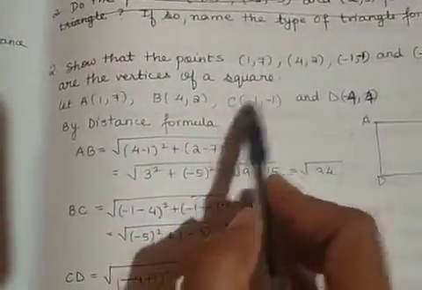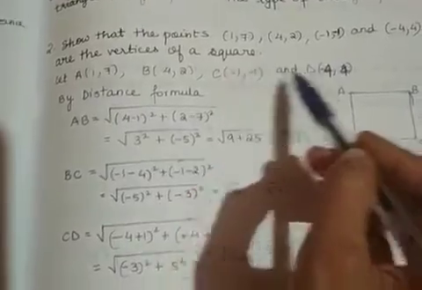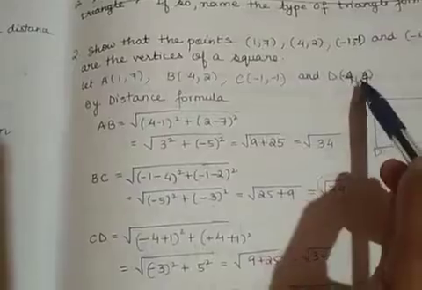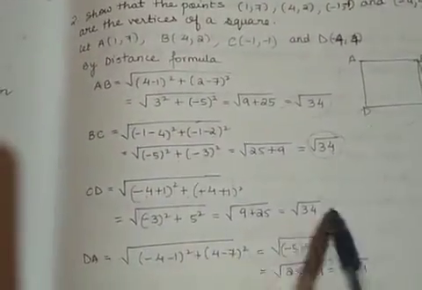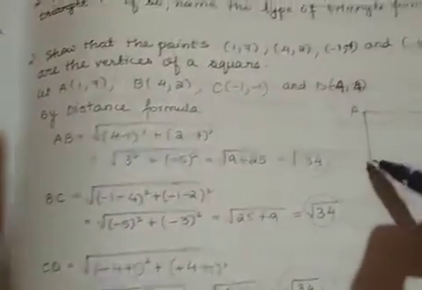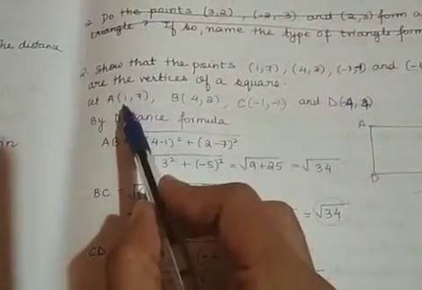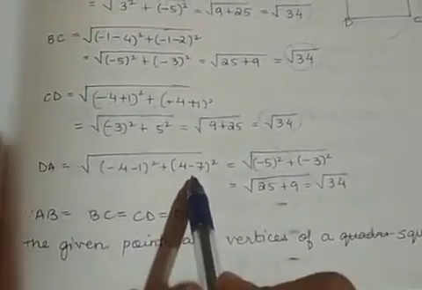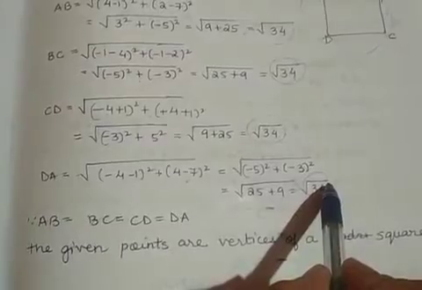So you have C and D. Minus 4 minus of minus 1 becomes plus, so (minus 4 plus 1) the whole square plus (4 minus minus 1, which is 4 plus 1) the whole square. On solving, I get this equal to square root of 34. What about the side DA? DA will be (minus 4 minus 1) the whole square, then (4 minus 7) the whole square. Again on solving, I get this equal to square root of 34.